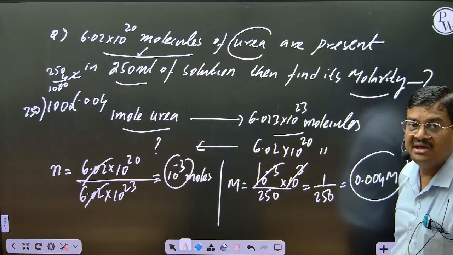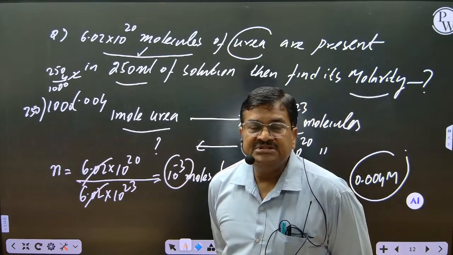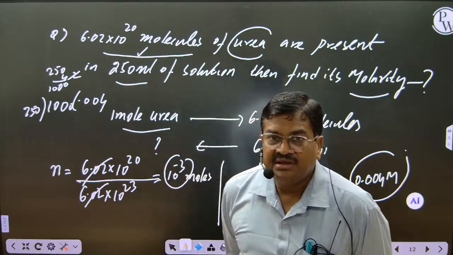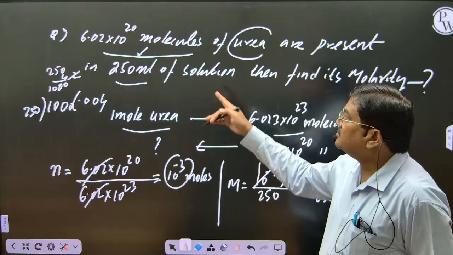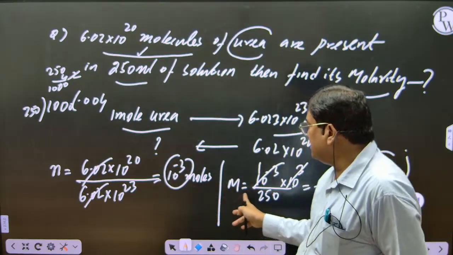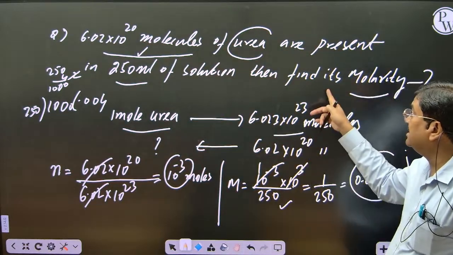Clear, student, following everyone? What I am teaching, are you catching my point? So here we brought molecules into moles, then we divide by the volume given. Volume is given in 250 ml.